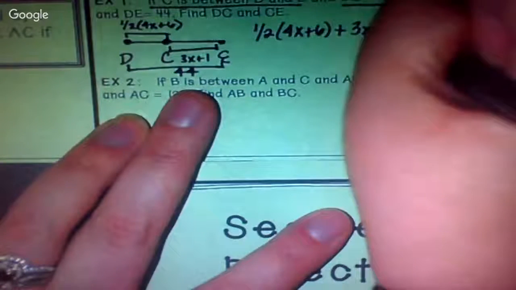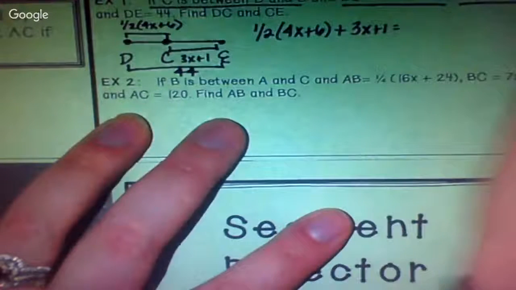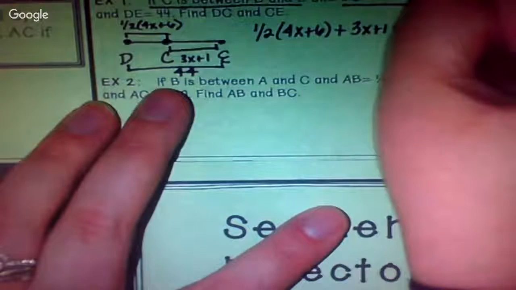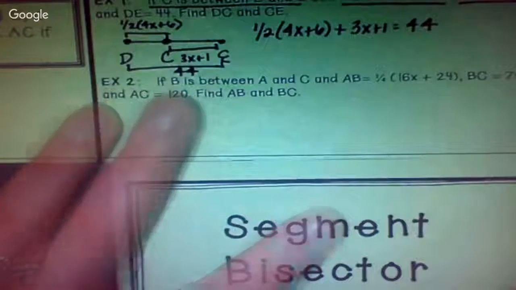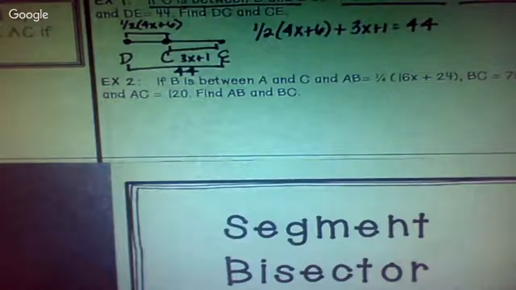So 3x plus 1. And that should be equal to my big piece, 44. Okay, the two smaller chunks that make up the big piece can be added together. Does everybody understand where I got that from? Yeah. Okay, we good? Yeah.